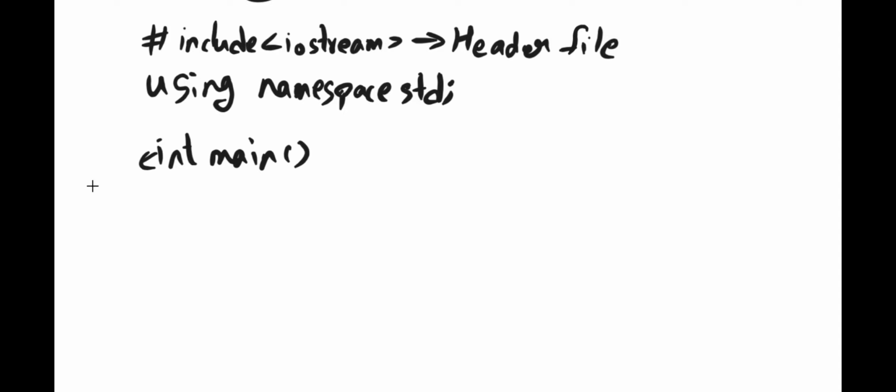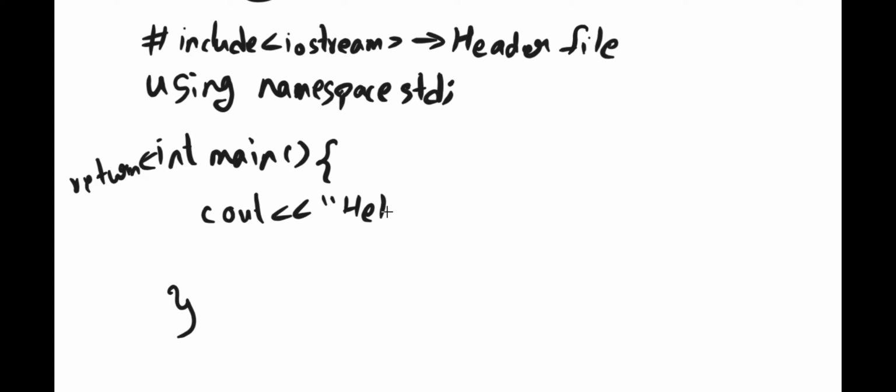The int will be the return type, and the scope of this function will be within the brackets, and whatever we write in the main function is going to execute. Then cout hello world: cout will print the output in the compiler, and this return 0 will end the function.